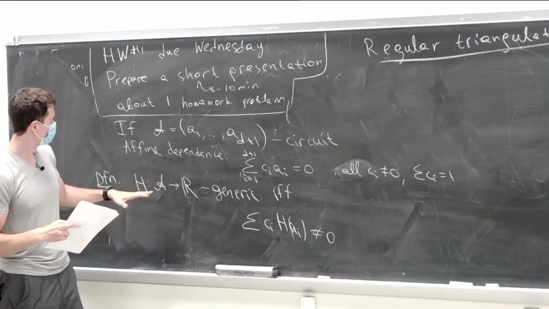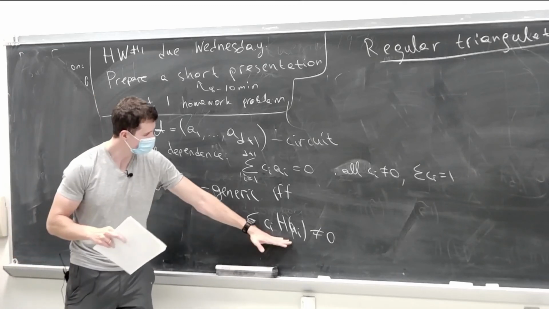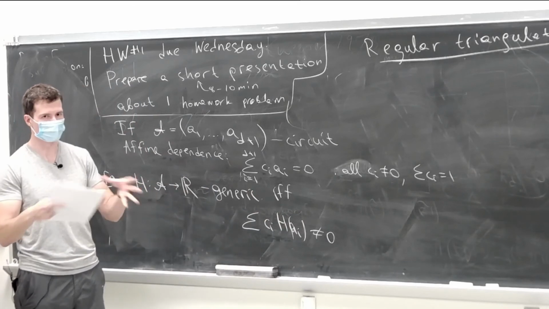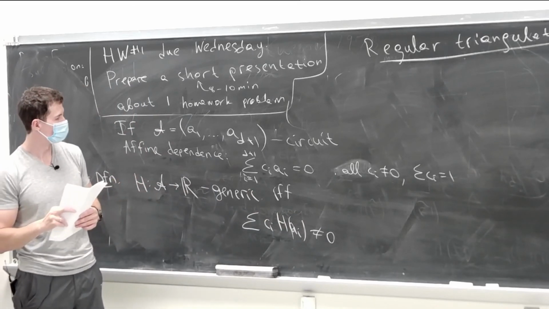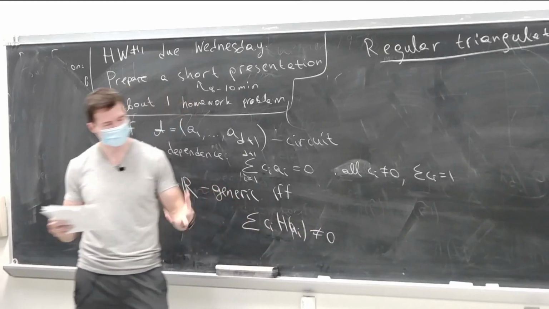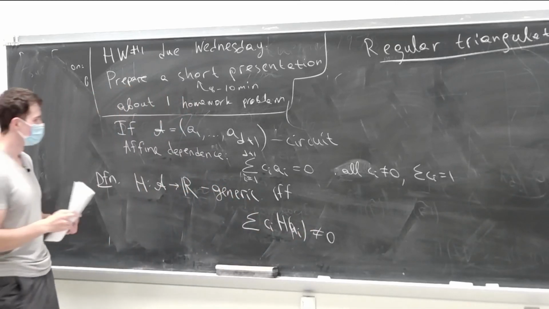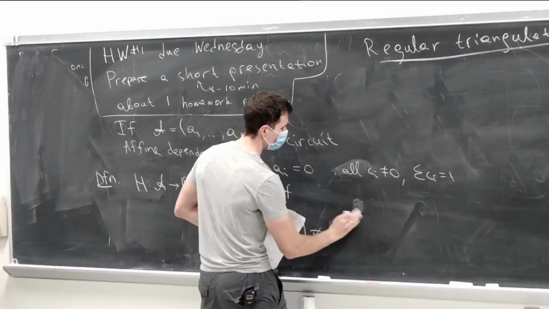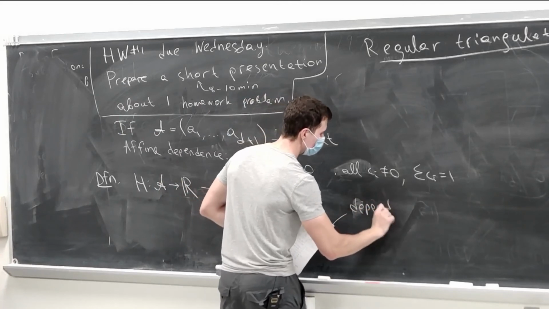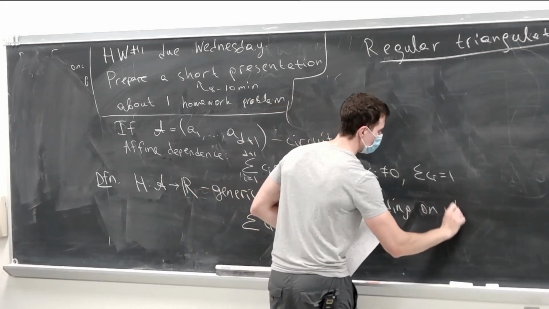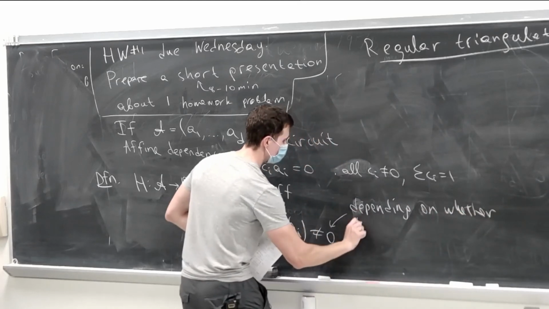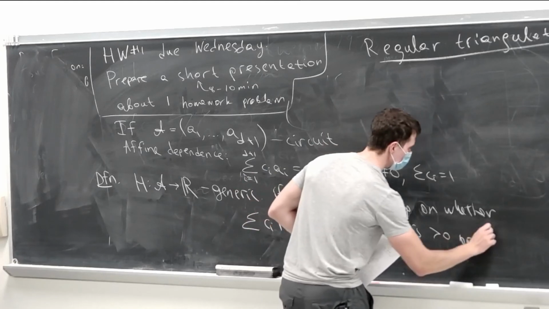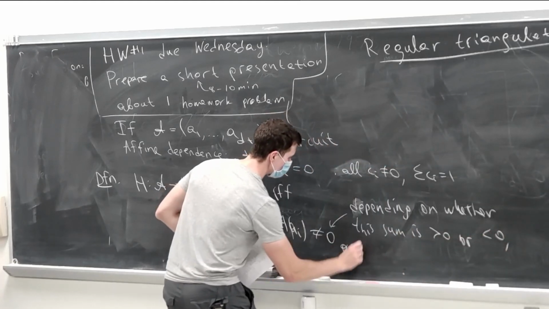But my point is that if you look at this number here, if it's 0, then the corresponding subdivision is just the convex hull of A. But if it's either positive or negative, you get 2 different regular triangulations, depending on whether this sum is positive or negative.